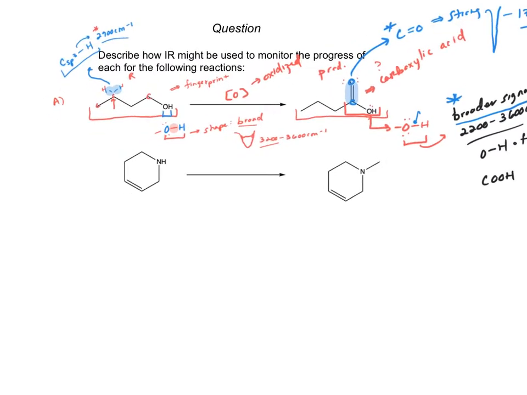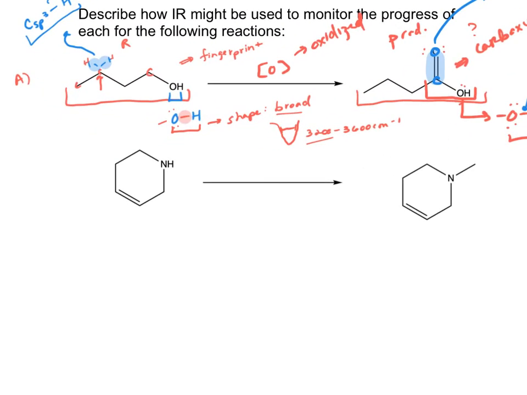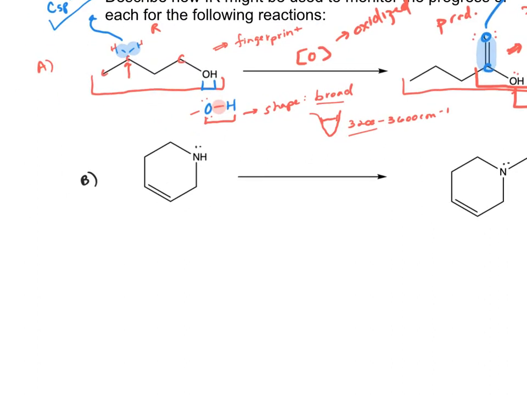Okay, so then number 2, we've got our reactant molecule over here, so we'll call this B. We've got our reactant molecule over here, going to our product molecule over here. So there's a couple of signals in the diagnostic region that we will find for our reactant. Number 1, we do have a carbon-carbon double bond.